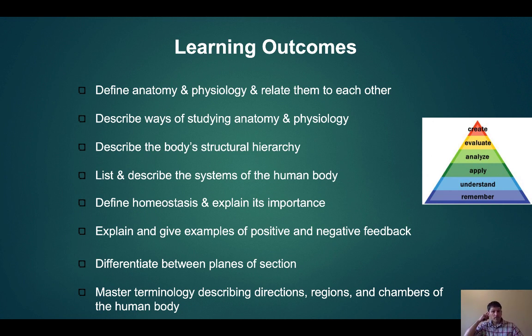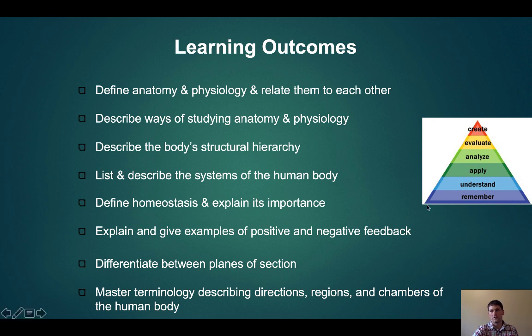And then we'll be looking towards the end of this lecture at planes of sectioning and various directional terms and regions of the body. Over here, you'll see the Bloom's taxonomy triangle. I had alluded to this last week. And in your BB Learn shells, you'll see the Improving Your Academic Performance document that focuses on Bloom's taxonomy.